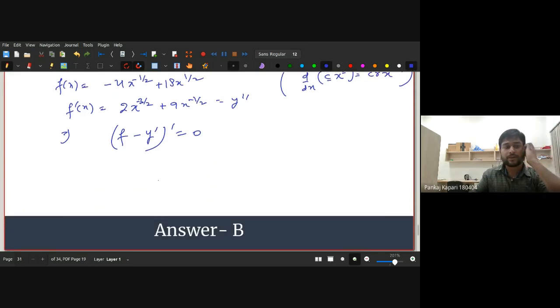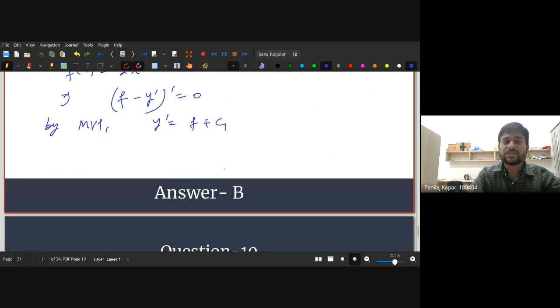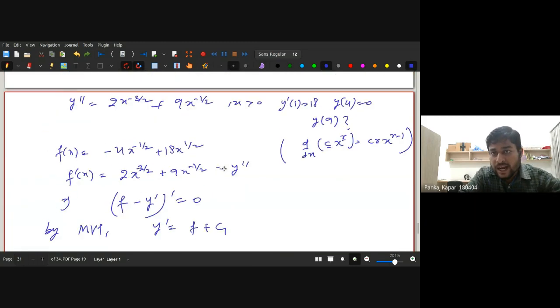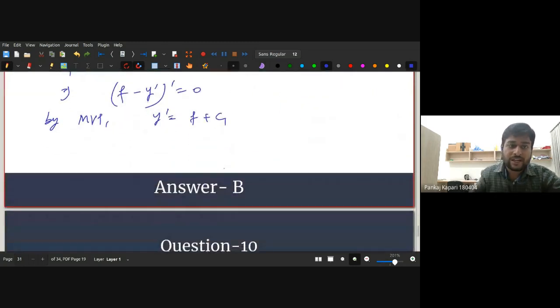This holds everywhere. So again, by the mean value theorem, y prime must be f plus some constant c1. Now it's given that at 1 the y prime is 18, so we apply that condition: y prime of 1, which is f of 1 plus c1, is 18.